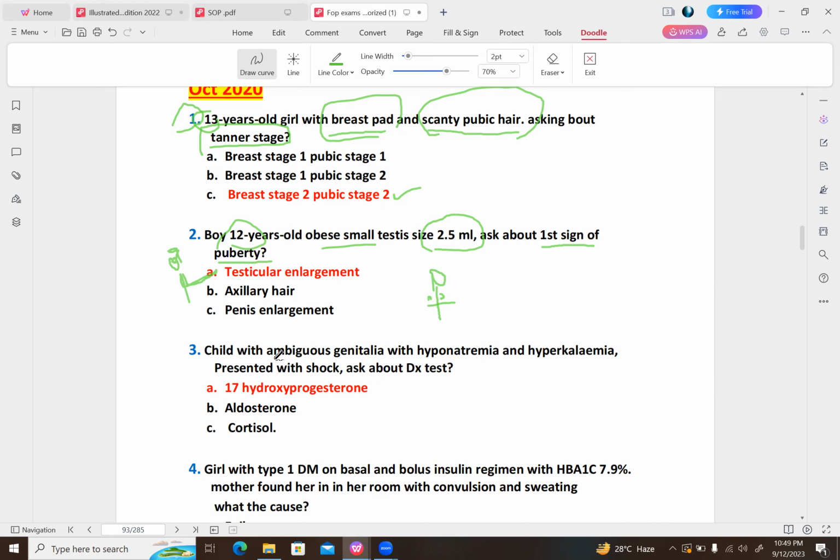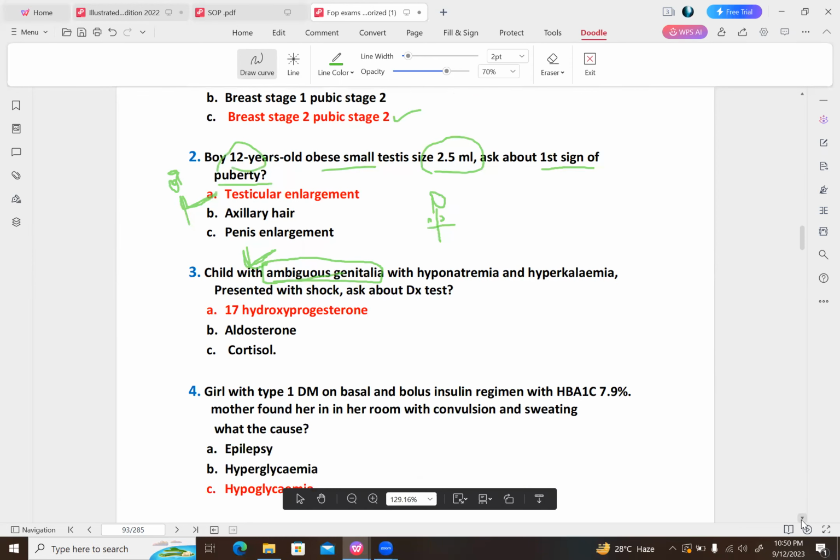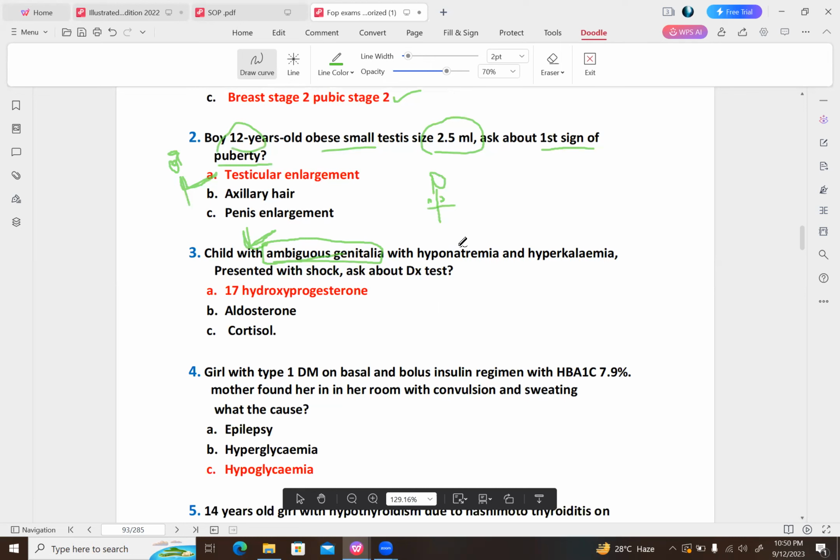Next question is about the ambiguous genitalia. Ambiguous genitalia is a separate topic. Okay. But regarding the recalls, you can get 2 questions. And here they ask you about this decreased sodium and increased potassium.